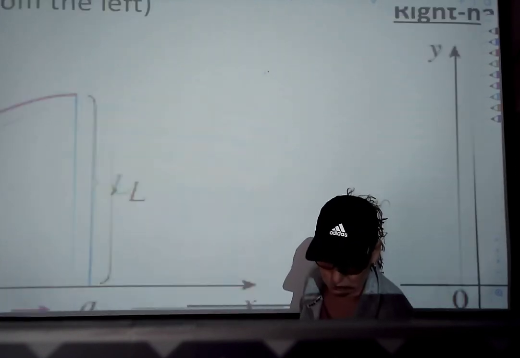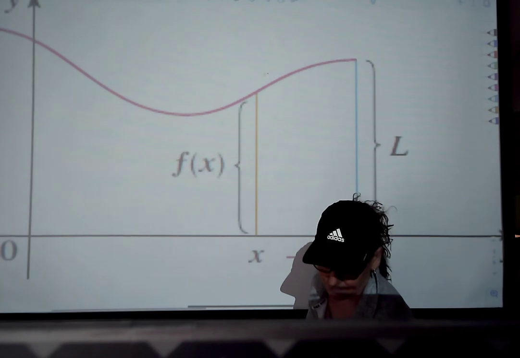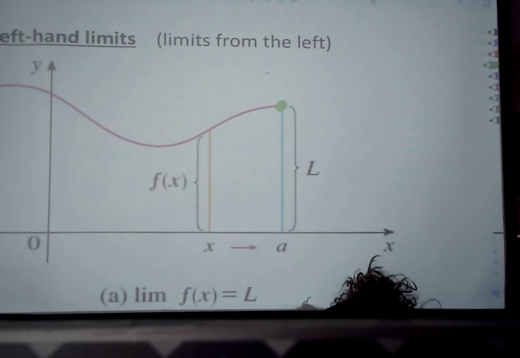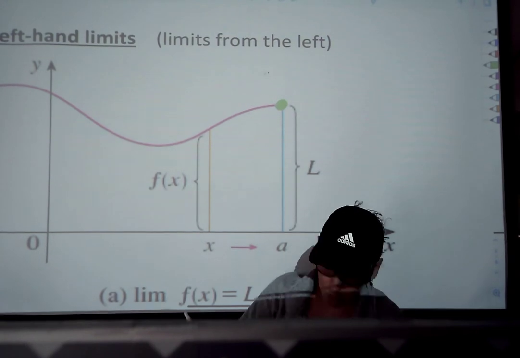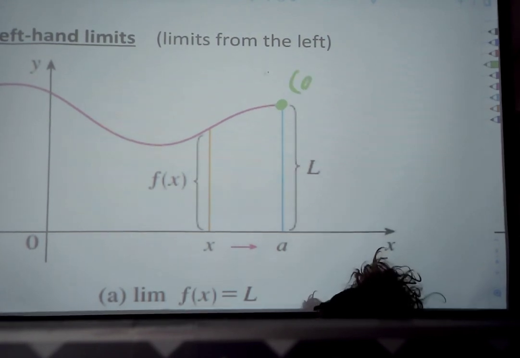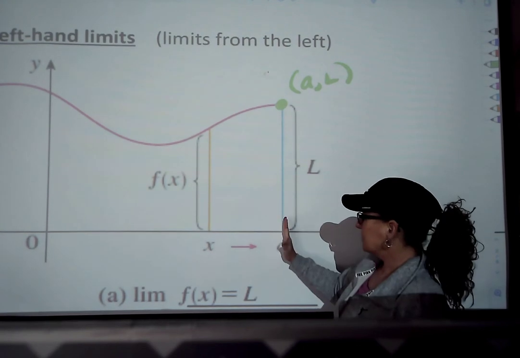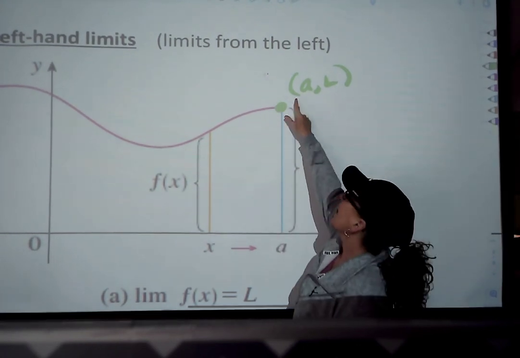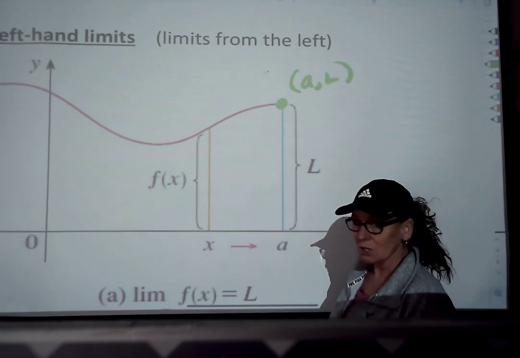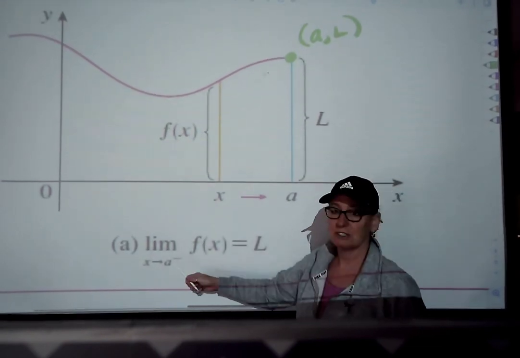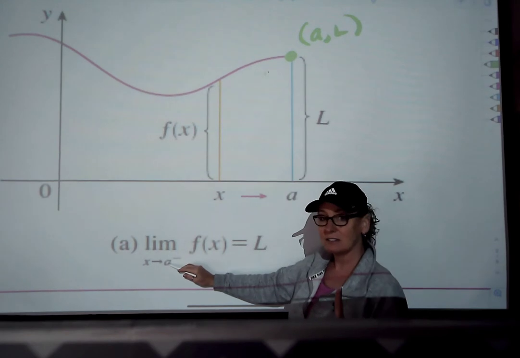Now, let me show you visually what that looks like. So let's say, whether there is or is not a point, I don't care, but let's say there is. Let's say that for this x value, this is the height of the graph, and it's a comma L. Ready? We're going to be doing a limit as x approaches a. So this kind of tells you where your eyes need to look.